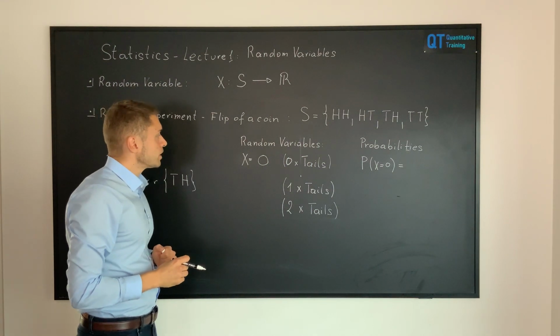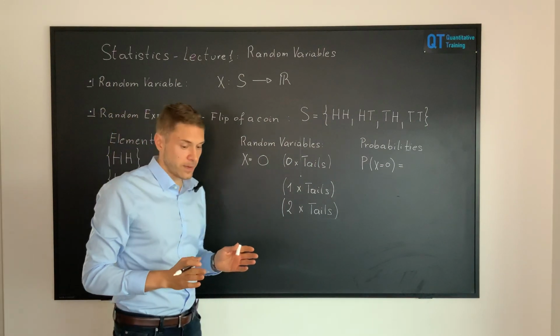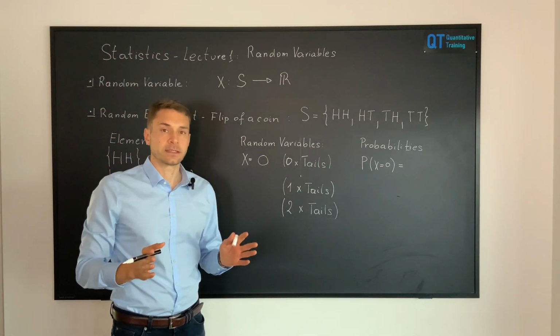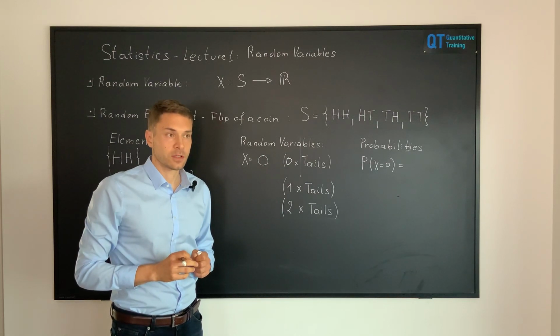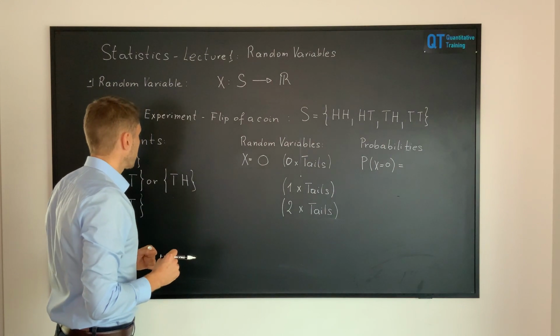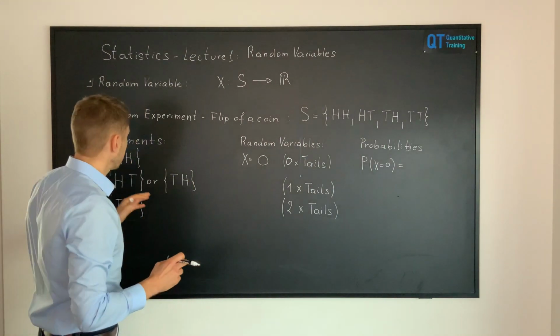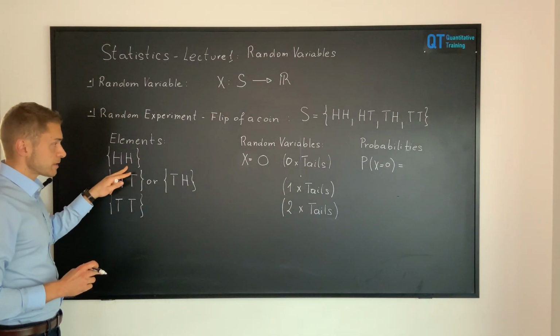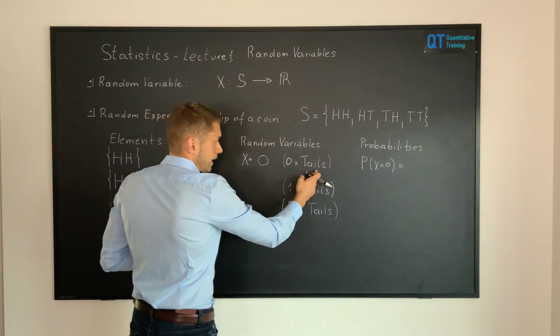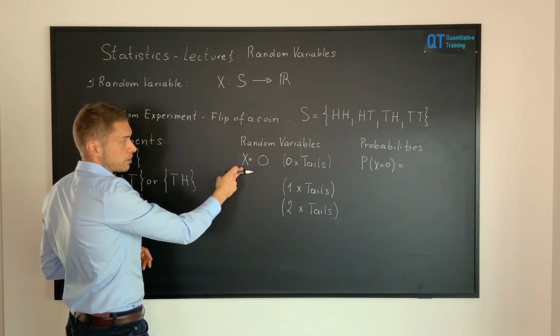So we see that this set, called the sample space of this random experiment, has 4 different elements. Now we could go and ask for the event of obtaining tails while flipping the coin 2 times in a row. Among the elements contained in the sample space, we can have 2 times heads, so 0 times tails, and in this case our random variable x will get the number 0.